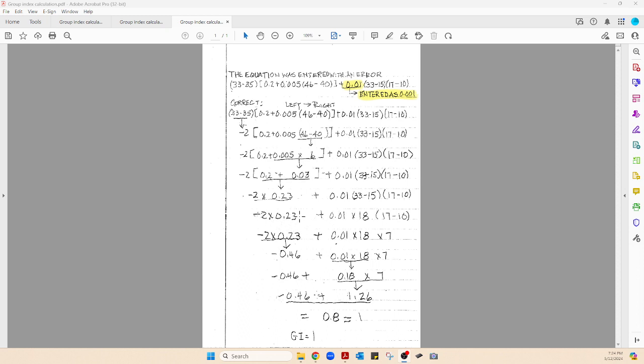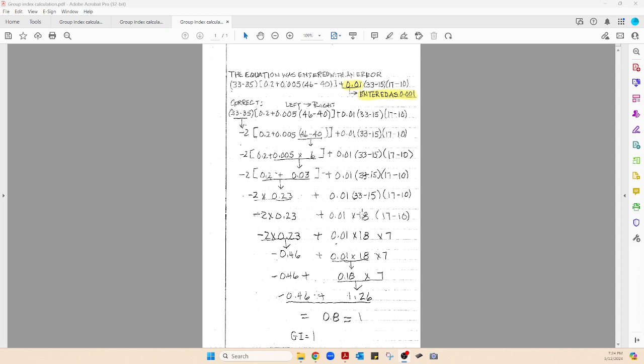so we get here and we have minus 2 times 0.23. These guys are staying, but notice this right here has changed because I've gotten rid of these parentheses. Now it's 33 minus 15, and that's 18.